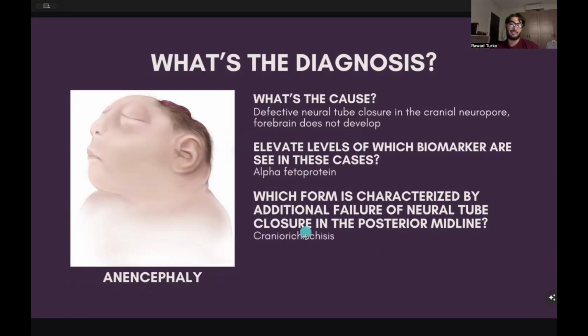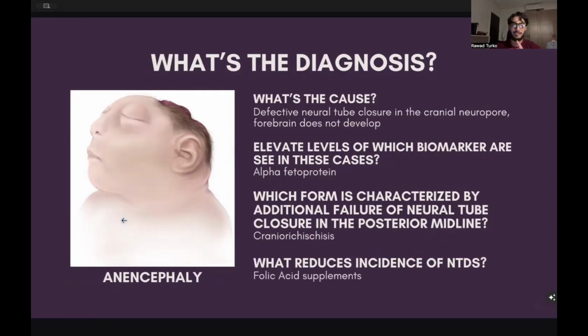That's craniorachischisis. Okay, so again, you have basically just an open neural tube. So the neural tube just does not fuse, and this is absolutely incompatible with life. Okay, and what reduces incidences of neural tube defects, or in this case, anencephaly? Folic acid supplements during pregnancy, and actually right before pregnancy too.